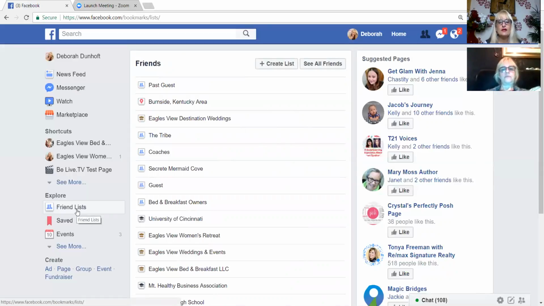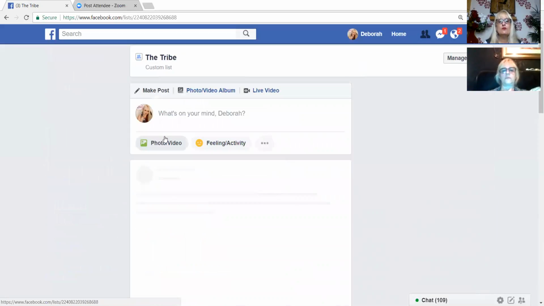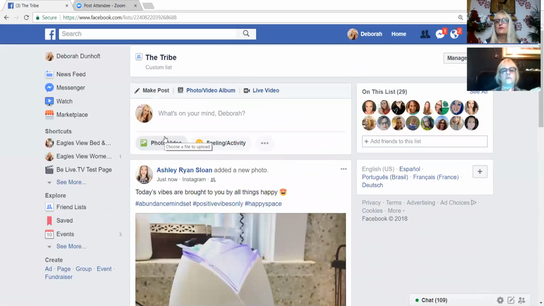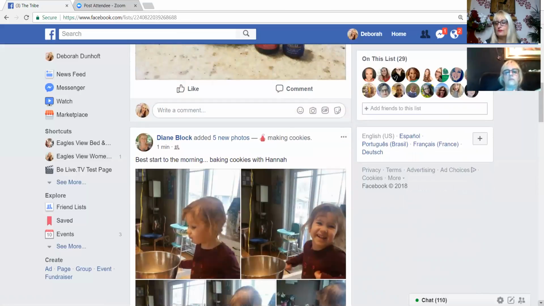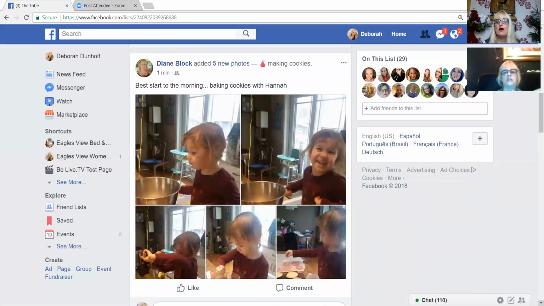Now, a neat thing to be able to do: let's say we go in here. I have 29 people in here, and what I can do is see what the people in that group are posting about. Why is that important?